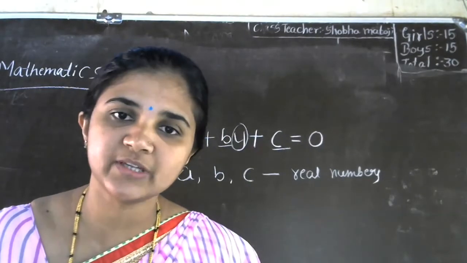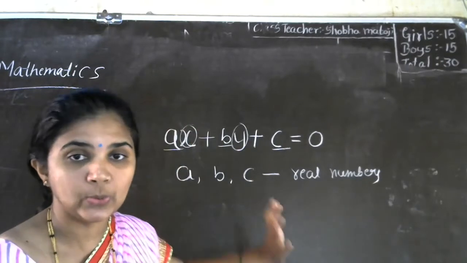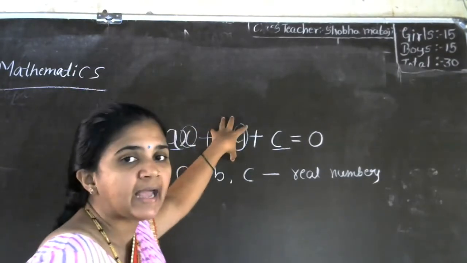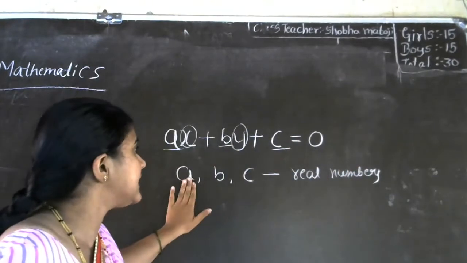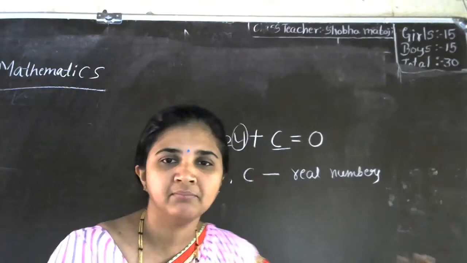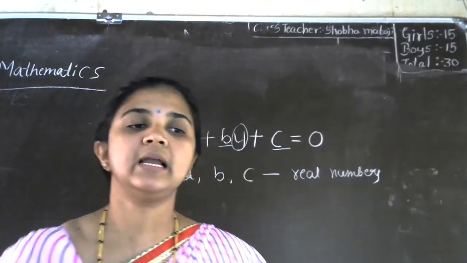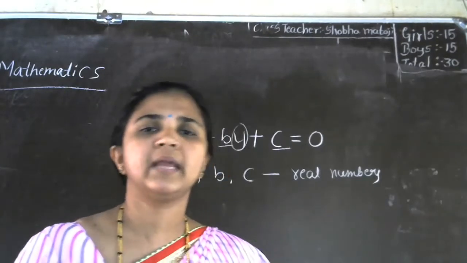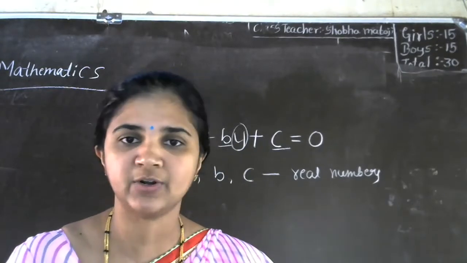So the general form is ax plus by plus c equal to 0. In that, a, b, c are real numbers like 0, 1, 2, 3, 4, 5, 6, any real number, or root numbers, root 5, root 2, whatever number, negative number, real numbers. You got the idea of real numbers in 9th standard, no?